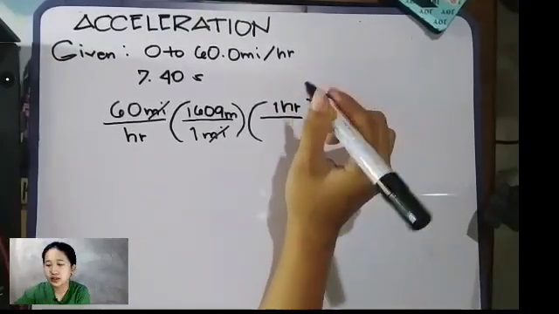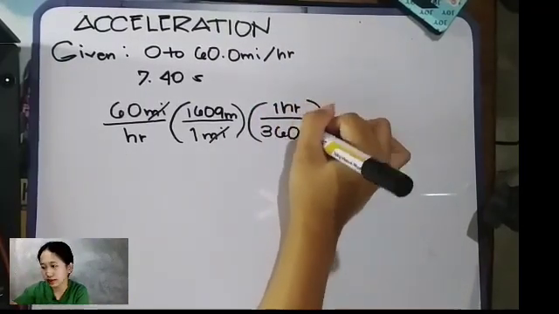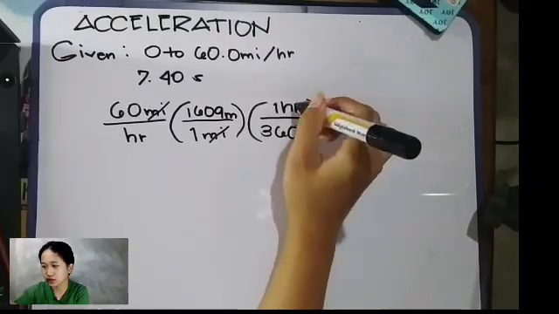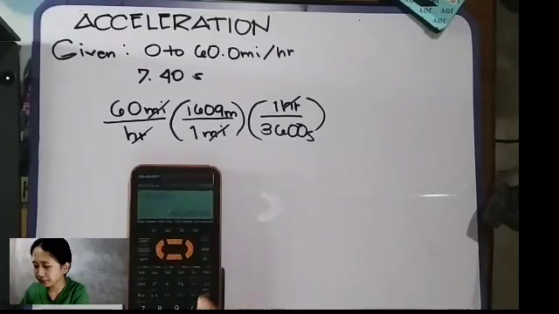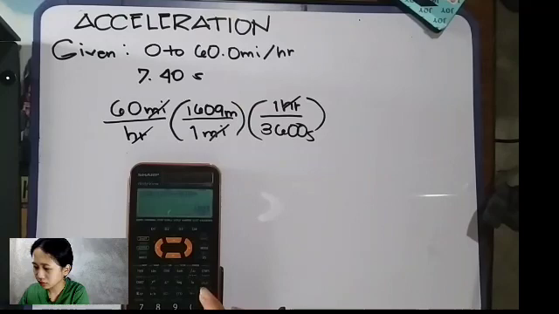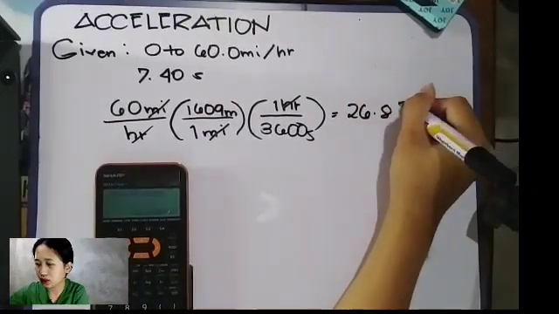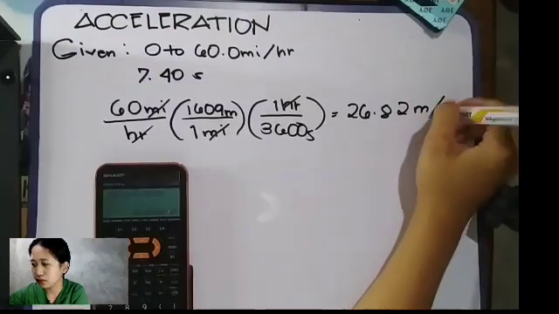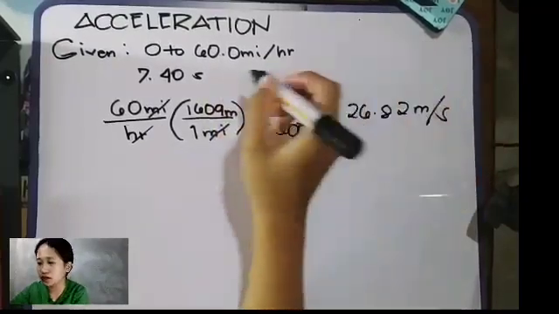Then, ilang seconds ang meron sa 1 hour? 3,600 seconds. So, cancel. Tapos, i-compute na lang. So, ang nakuhang sagot is 26.82 meter per second.